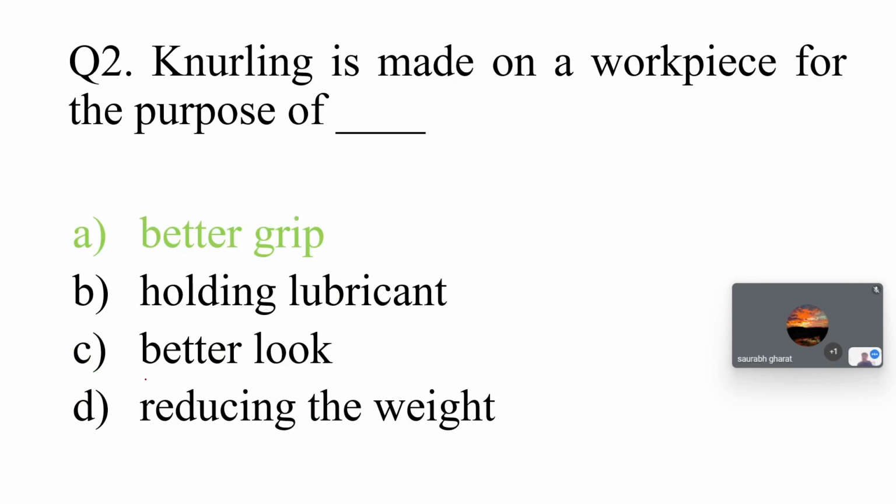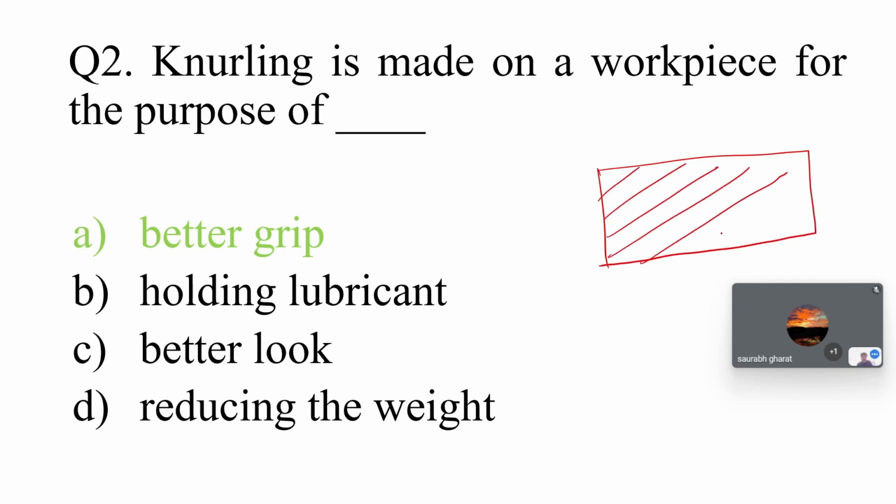Knurling is made on a workpiece for the purpose of, you know what knurling actually means. This kind of thing we have is called knurling. And what is the use of it?